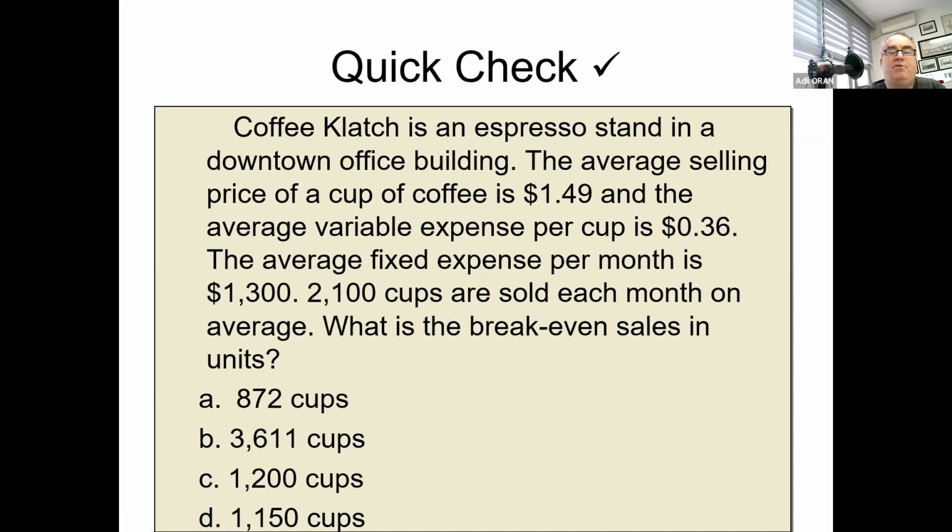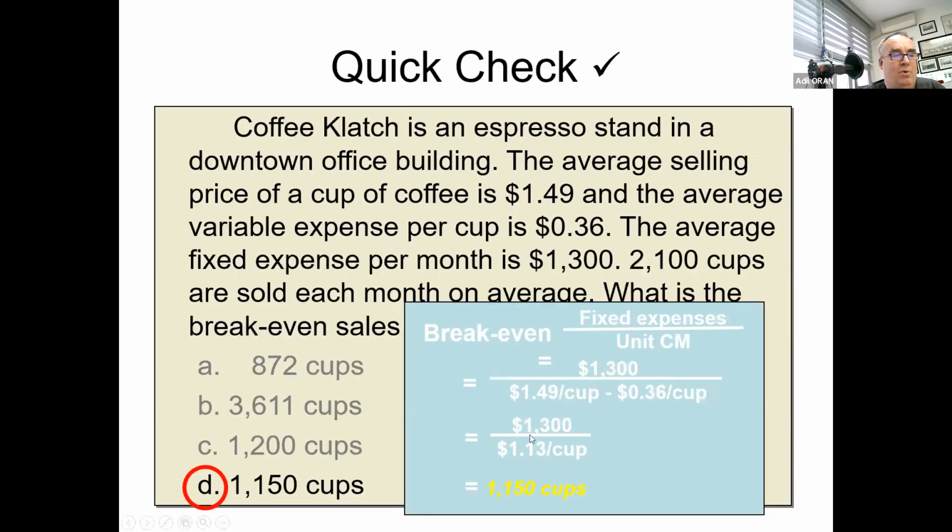What is your contribution margin per unit? 1.13, right? So 1.49 minus 36 cents, 1.13. So dividing 1,300 by 1.13 would allow you to calculate that you need to sell 1,150 cups to break even. Okay, so D would be the answer.